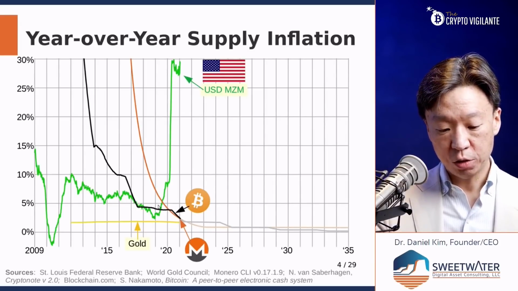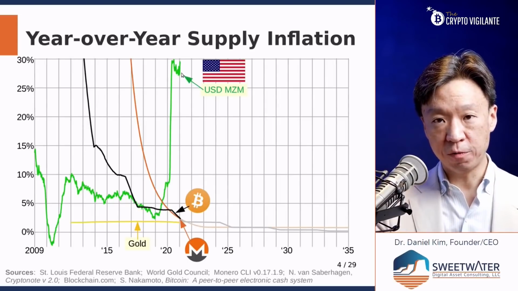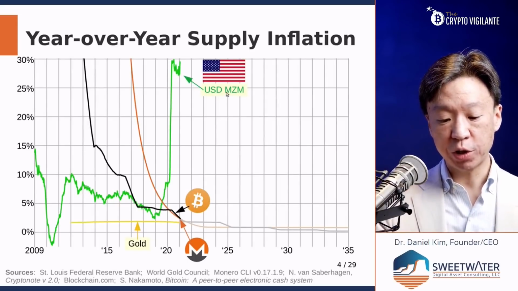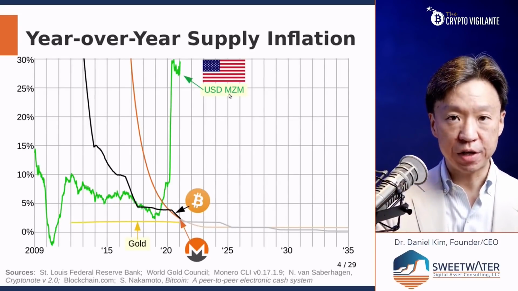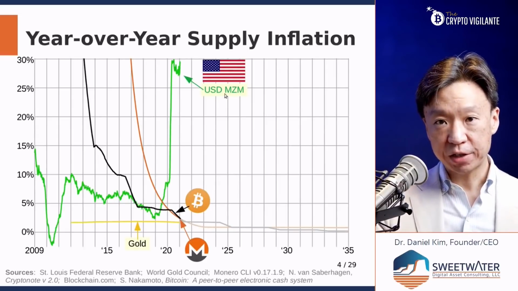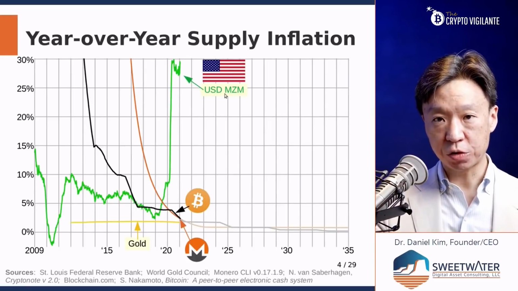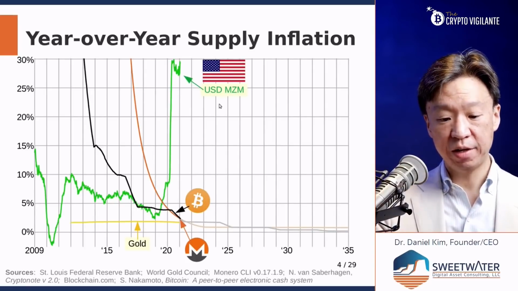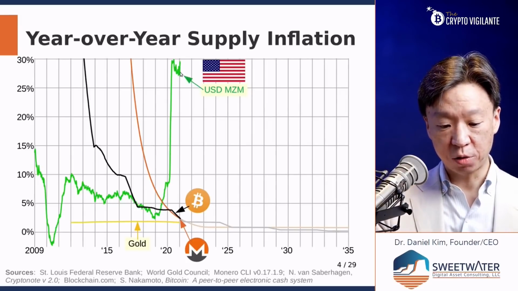In green, you're looking at how much USD there was in 1 year versus the year previous. And I'm looking at MZM, which is a broad measure of money supply, which includes checking, savings accounts, and money market accounts. There is a multiplier effect here if you want to get technical, but at the end of the day, all of these measures of money supply show the same thing. There's a giant spike at the pandemic, and the giant spike has not gone away.